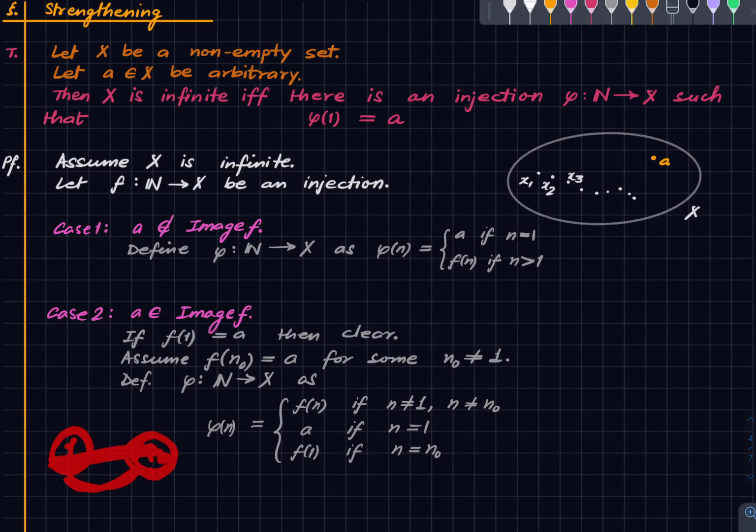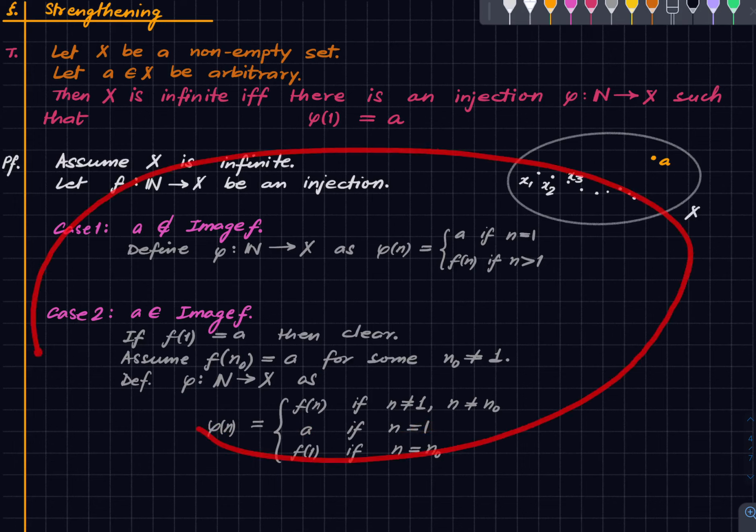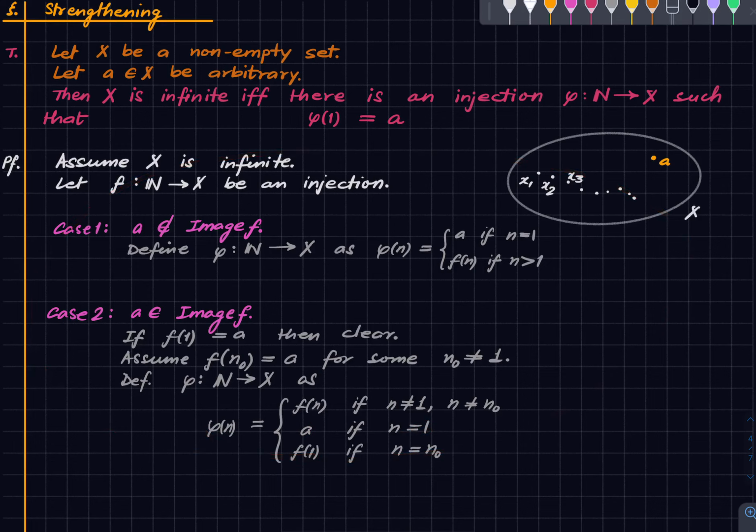So it's just flipping the role. That's all this is doing. And clearly then, it should be intuitively as well as technically clear that phi is an injection, and clearly it sends 1 to A. So that's it. This is a very, very simple proof, but since we have done it in full detail, it may look complicated.